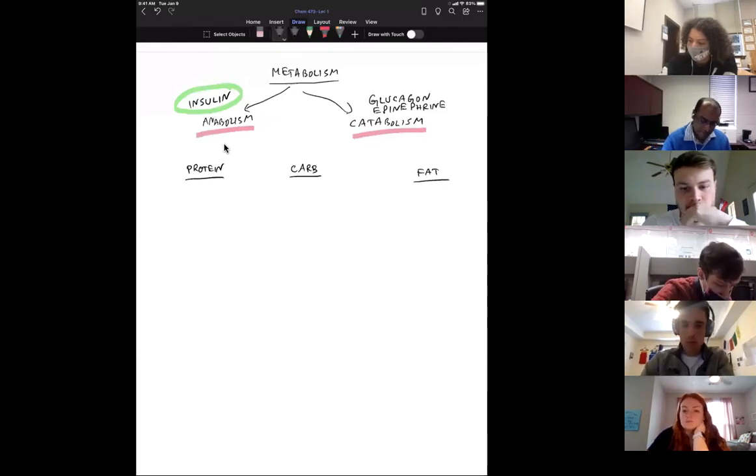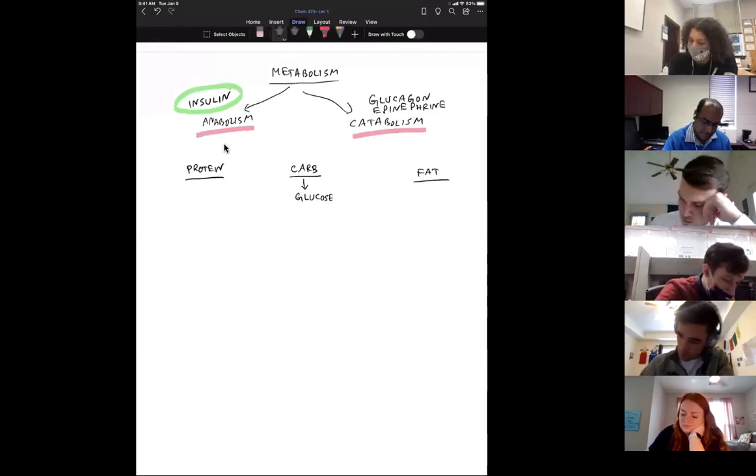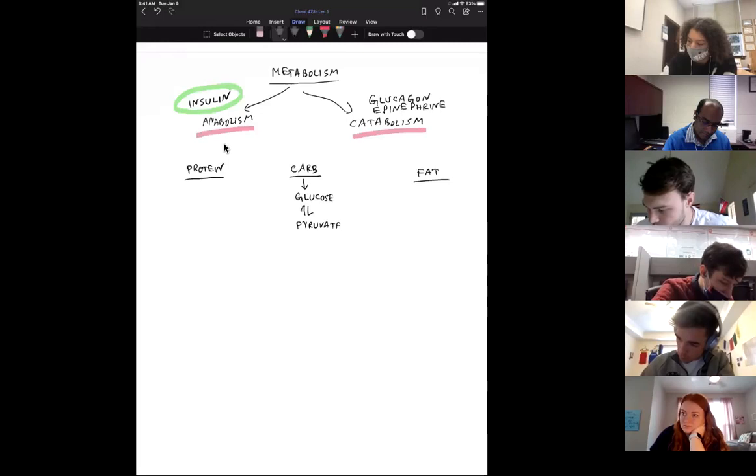So the carb, generally we make glucose, and the glucose then by glycolysis goes to pyruvate, and from pyruvate it is a one-way street to acetyl CoA.